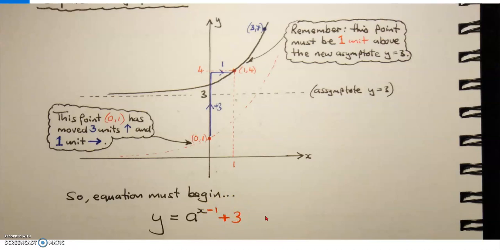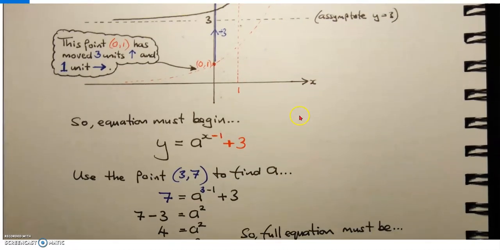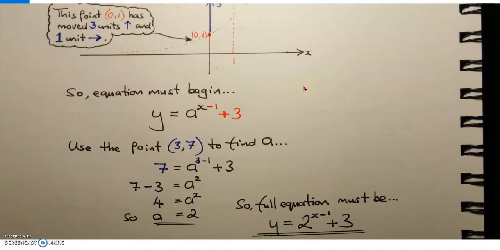Now again, we look for a point on the graph, and there it is. I've used 3, 7. And if we do that, we can then begin to find a. 7 is y, and 3 is my x there, so I put it into there.